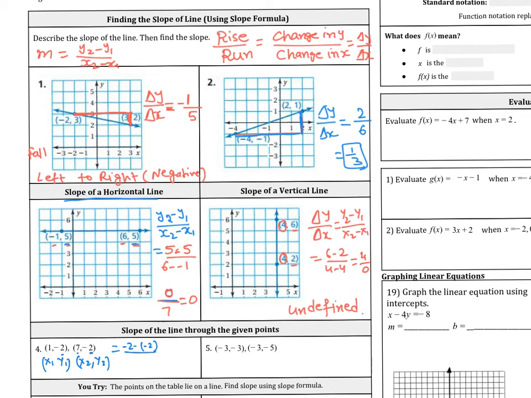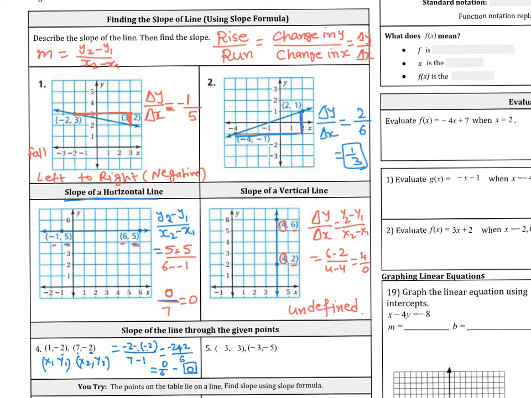So x2 minus x1, 7 minus 1. So negative 2 plus 2, because these two negatives will be added together. So negative 2 plus 2 divided by 6. So it's going to be 0 over 6, which is 0.